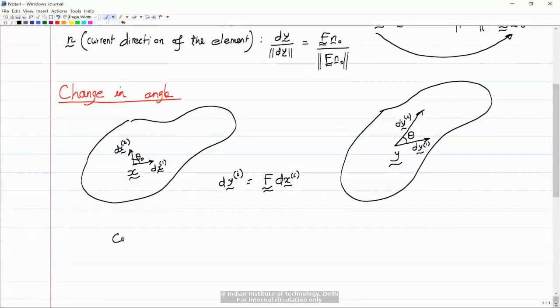So cosine of that angle theta is then dot product dy1 dot dy2, and divide by the magnitudes of the two line elements.